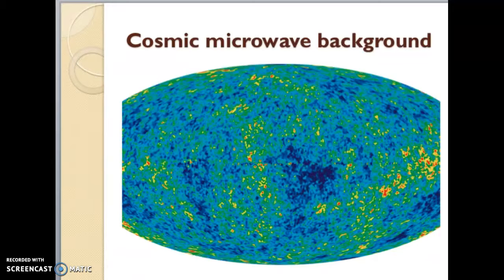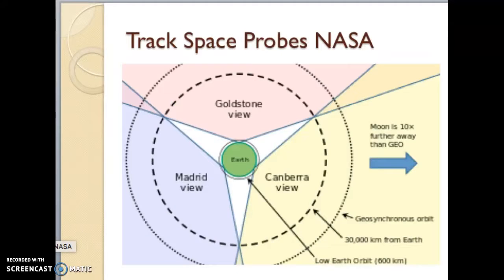We've got radio telescopes all over the world, especially for NASA, in 3 places specifically that track the deep space probes. These 3, Madrid, Goldstone, and Canberra, looking from the North Pole image, can track all of space and all of our probes that are sent out within the solar system, once they get to be about 10 times further away than the geocentric orbit here.